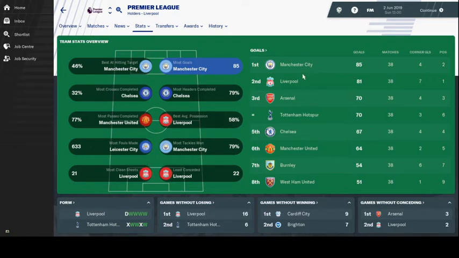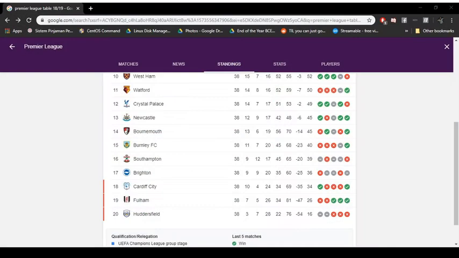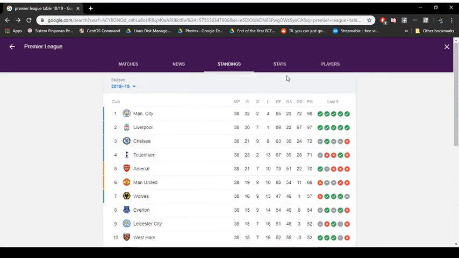In this simulation, Manchester City has scored the most goals, being 85 out of 38 matches. Now we compare it to this one. In real life, Manchester City scored the most goals with 95.